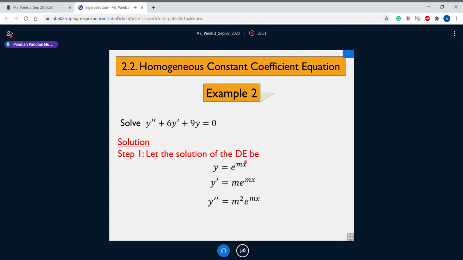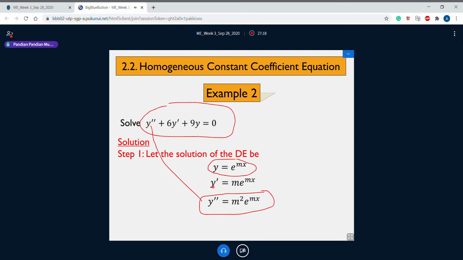You start with this always if you want to show all your work. So y equals e^mx, y dash equals m e^mx, and y double dash is m multiply m, m squared e^mx. And then you plug in y double dash inside this equation.